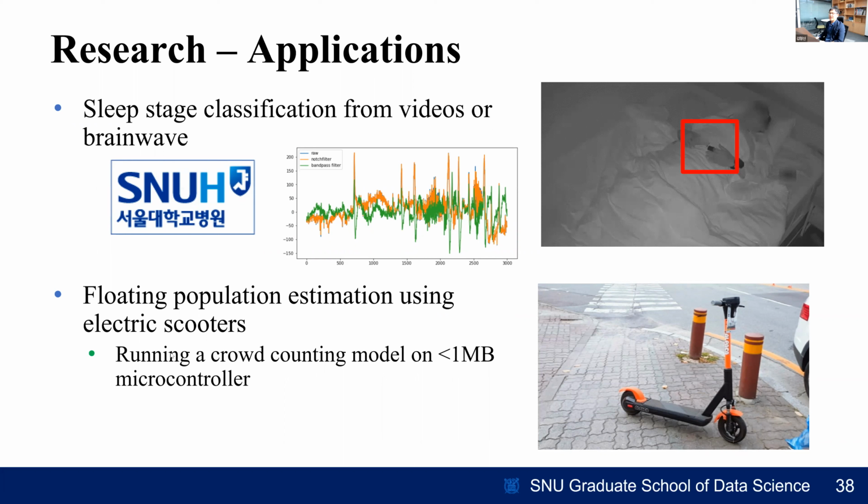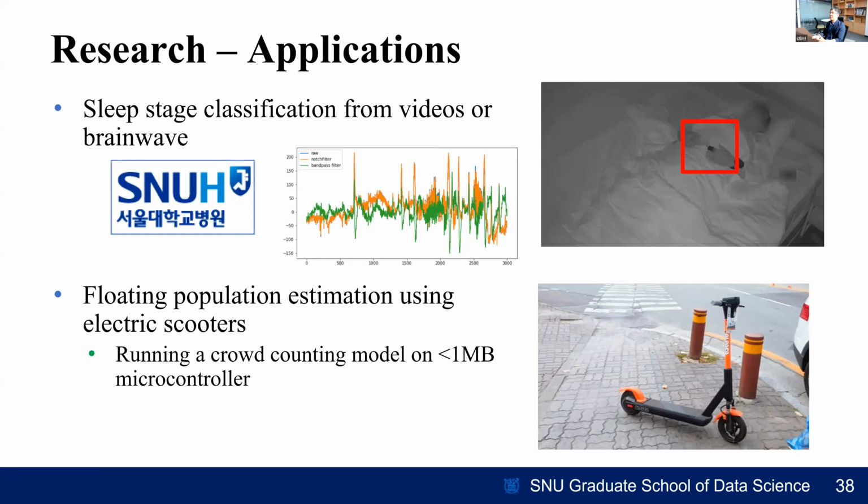The next item is floating population estimation using electric scooters. The idea is to deploy a low power camera on an electric scooter, and using this on-device camera and a resource constrained microcontroller, count the number of people in a taken image.